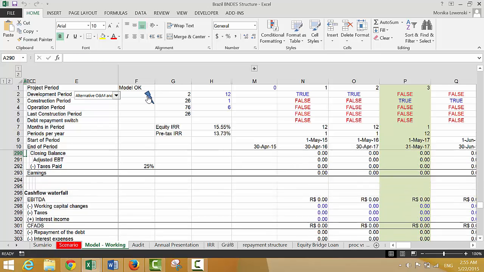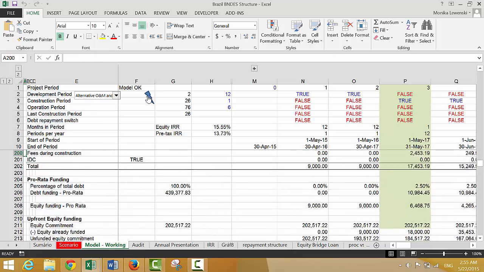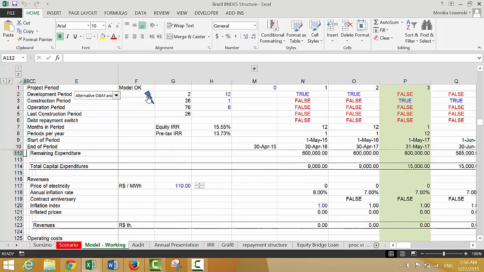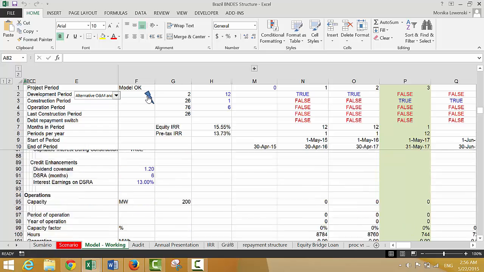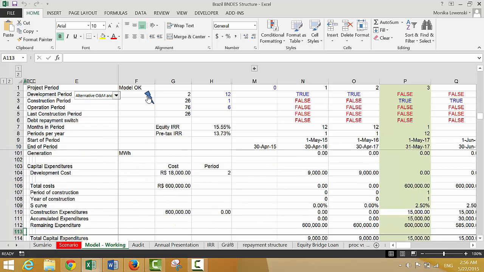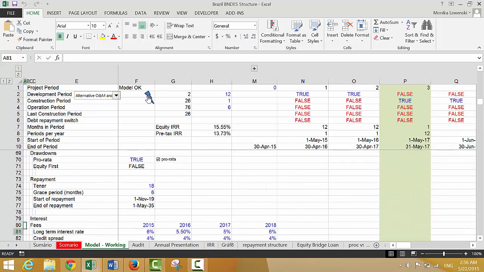Now let's also put an equity bridge loan in here. Okay, and I don't do that very often, but I think it might be worth showing how that would work.